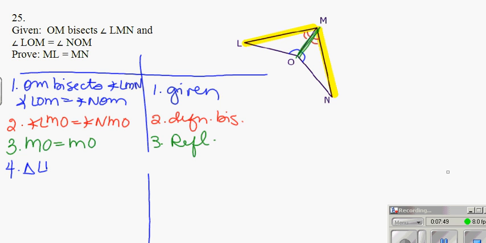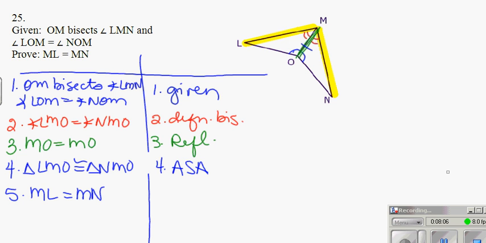Whoops, skipped a step. My triangles are now congruent. Triangle LMO is congruent to triangle NMO by angle, side, angle. And now ML is equal to MN by CPCTC.